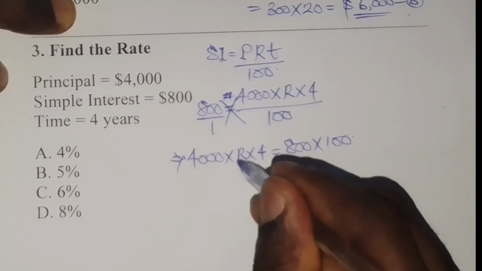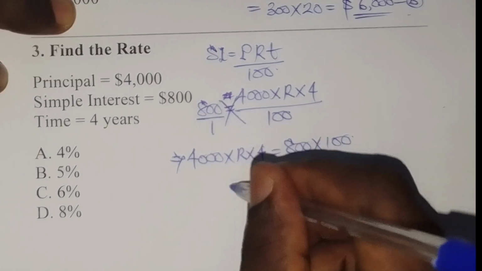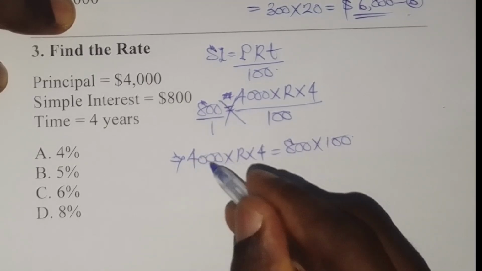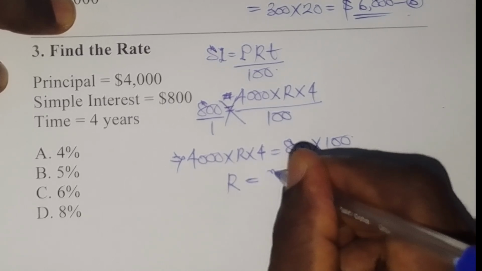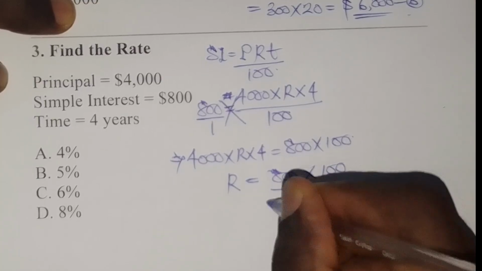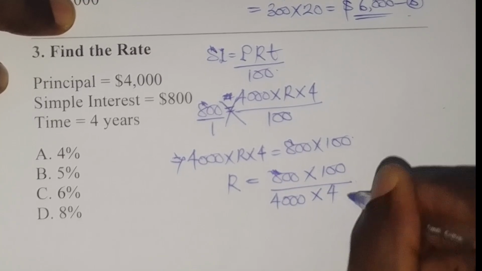So to take all the knowns to this side and leave the unknown at this side, we divide both sides by 4,000 times 4. So we now have R equals 800 times 100 all over 4,000 times 4.